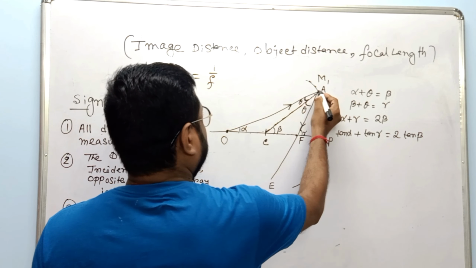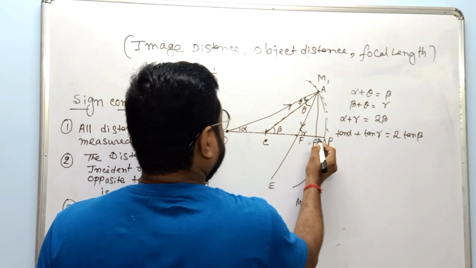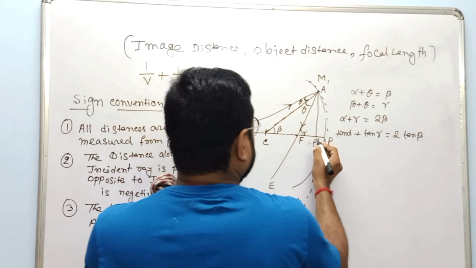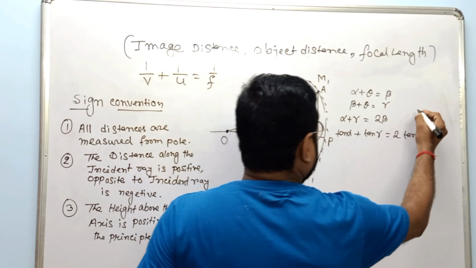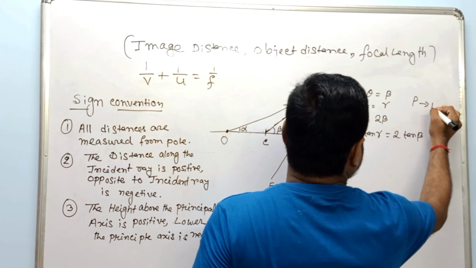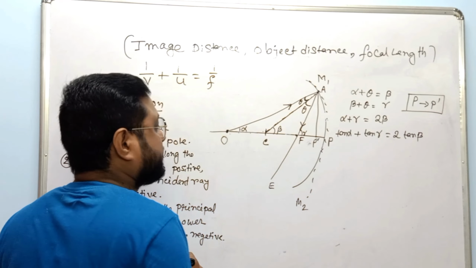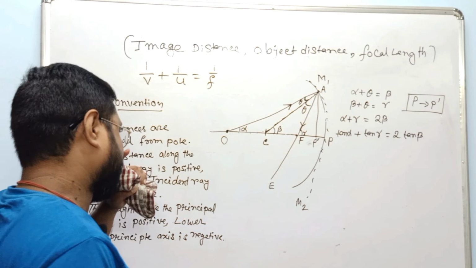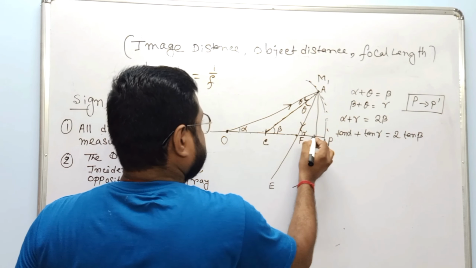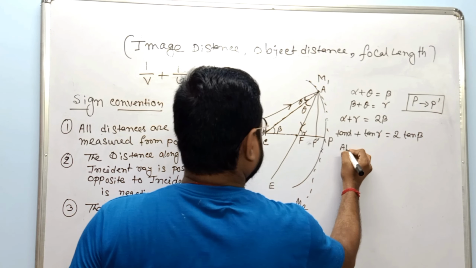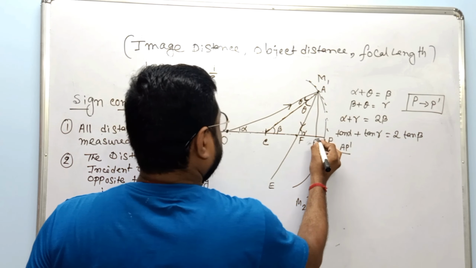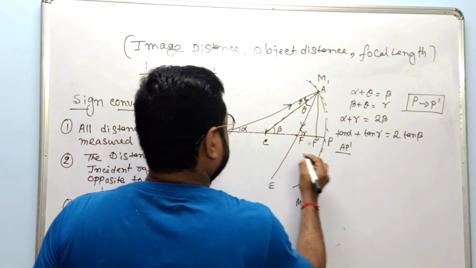From triangle AOP dash, this is P dash, and P is nearly the same as P dash. Okay. So, what is the value of tan alpha? Perpendicular by base, that is AP dash divided by P dash O.